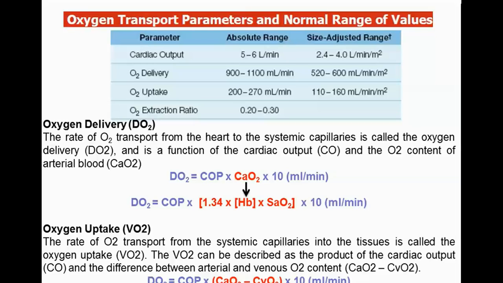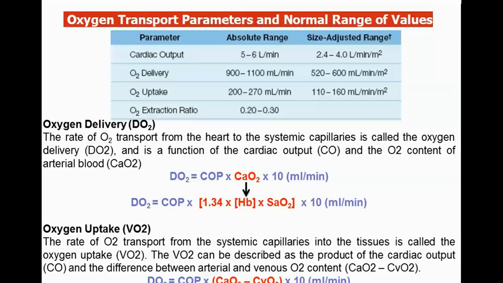But the oxygen delivery is related to the cardiac output, per minute. Cardiac output is the amount of blood per minute. So it will be cardiac output multiplied by the oxygen content of the arterial blood that goes to the tissues.